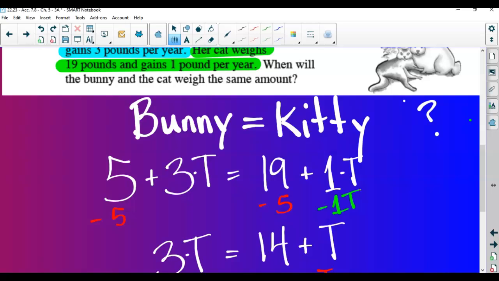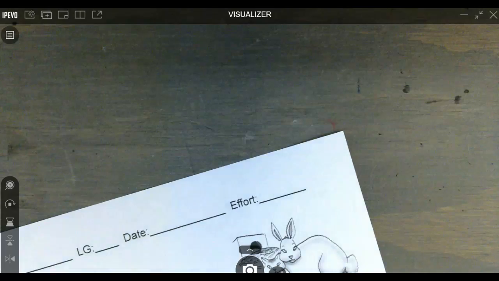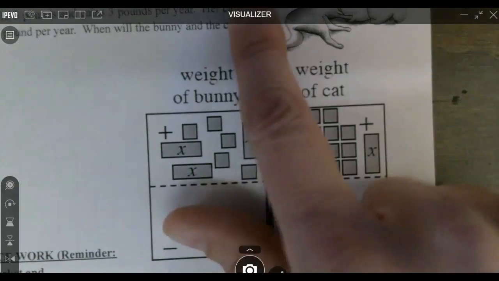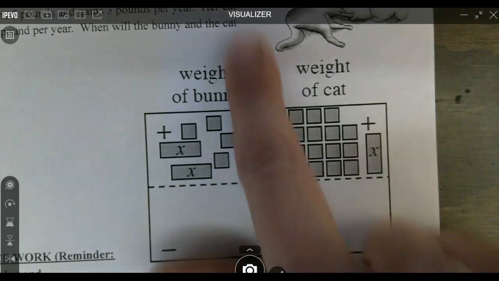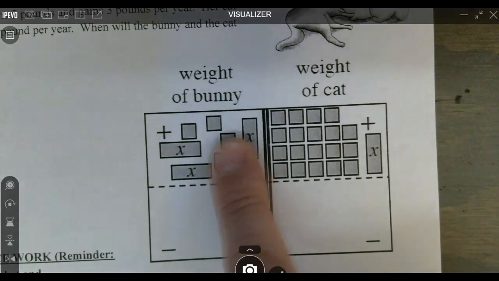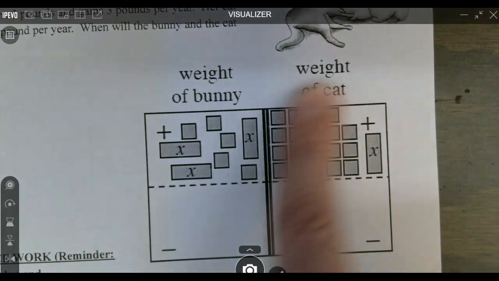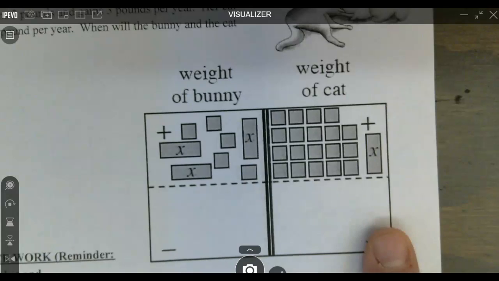And you have the reminder of the algebra mat on your paper. So, hang on just a second, Sam. If you need to draw a reminder for yourself, remind yourself, I can remove an x from both sides, right? I can start by getting rid of one of those x's. Then I could remove 5 from both sides. Then I'd have 2x equal to 14, and that's how we solve these algebra problems.